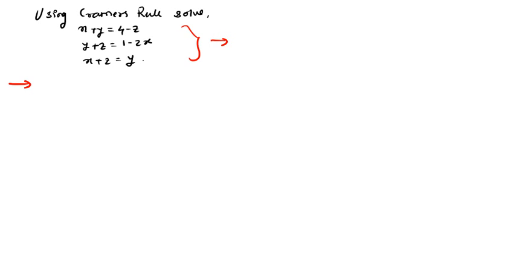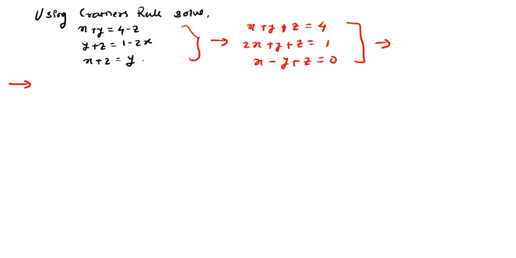So finally we will get the system like this: x plus y plus z is equal to 4, 2x plus y plus z is equal to 1, and x minus y plus z is equal to 0. So this is in the standard form, and we will solve this system.